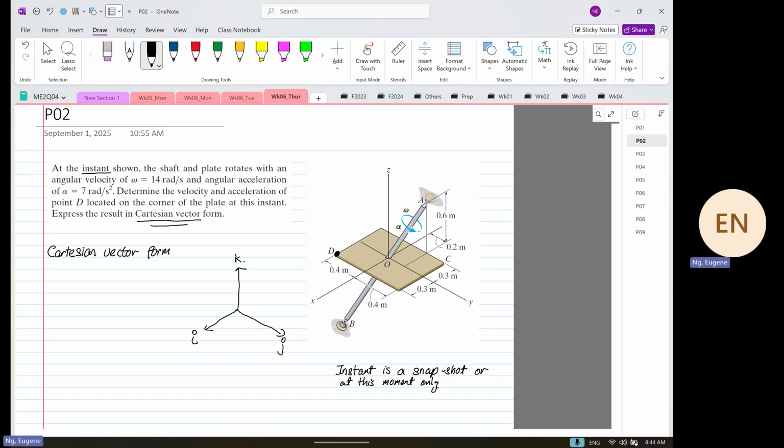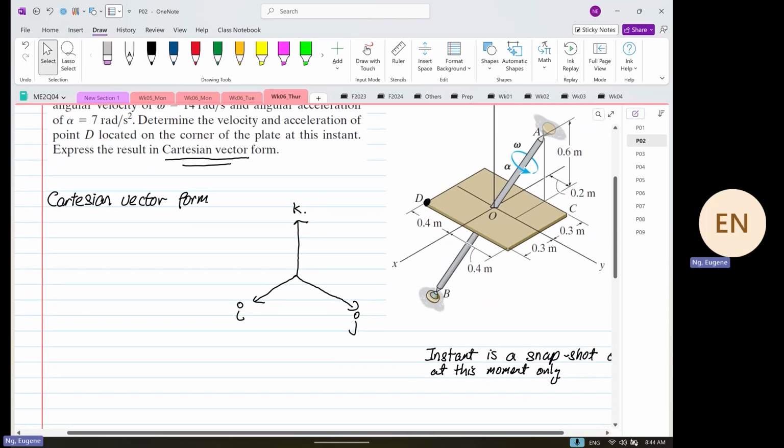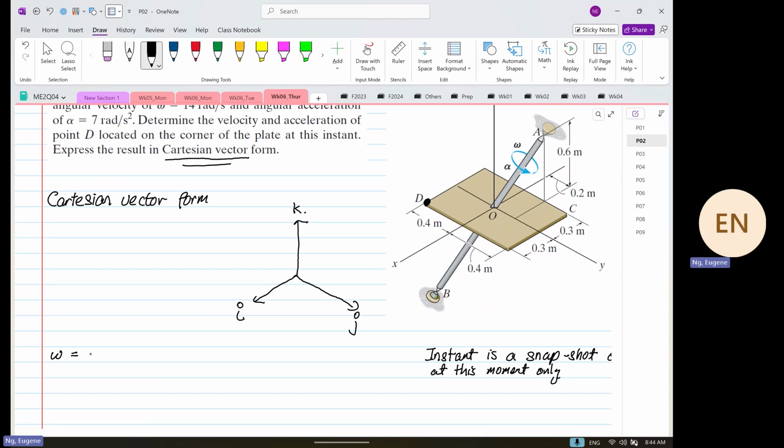So we are given that omega is equal to positive 14. Why positive?